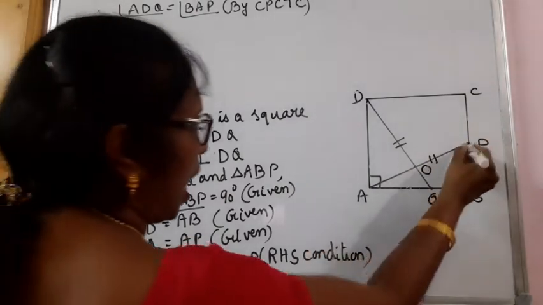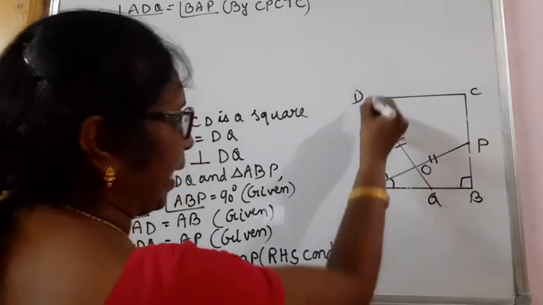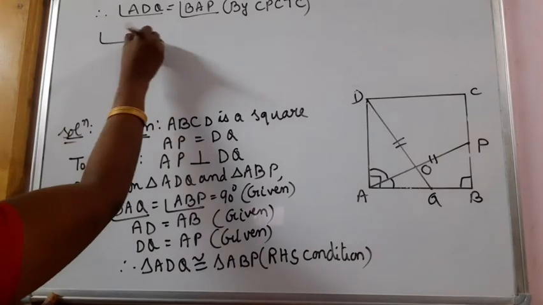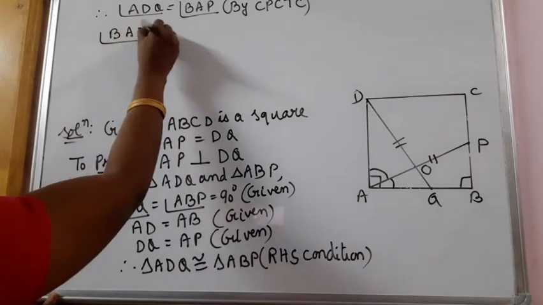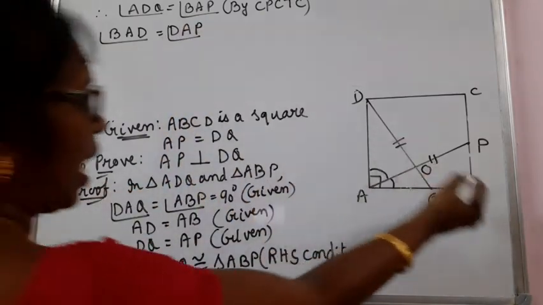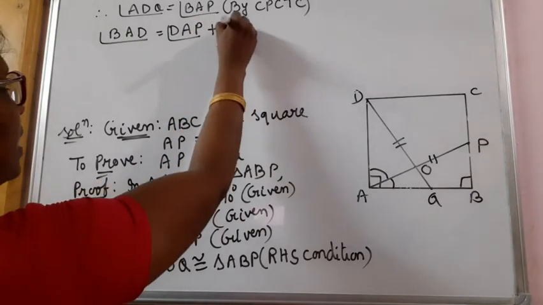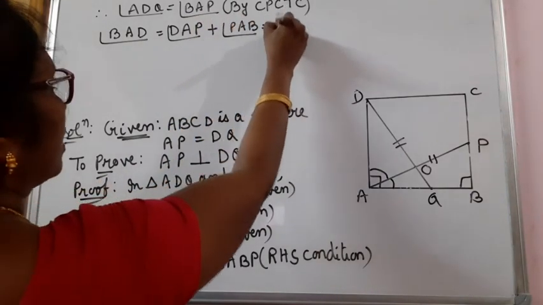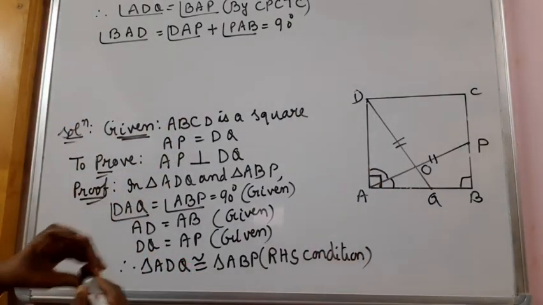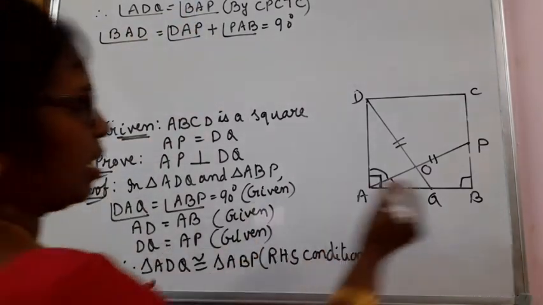But we know that angle BAD is 90 degree. Let me write angle BAD is equal to angle DAP plus angle PAB, that equals 90 degree. But now we have shown that angle ADQ is equal to angle BAP.